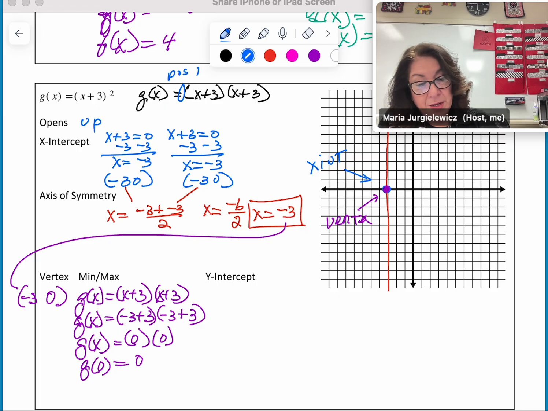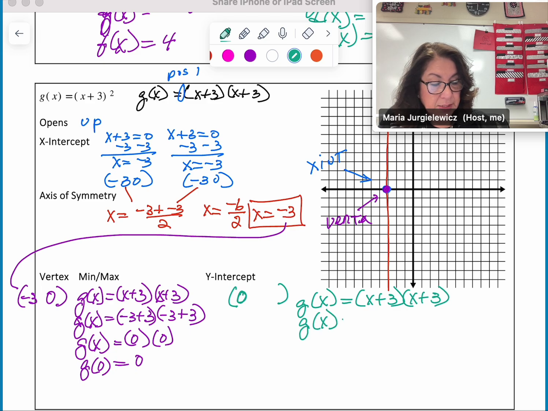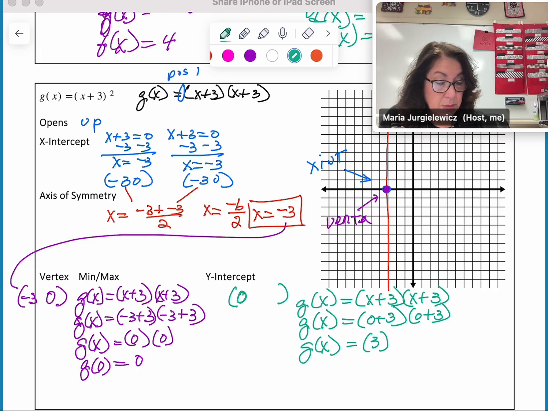Okay? And now the last thing we have to do is to find the y-intercept. Well, the y-intercept is always going to have a 0 for the x value. And once again, we're going to take our equation and plug in a 0 to see what we get. So g of x is equal to (0 plus 3)(0 plus 3). g of x is equal to 3 times 3, which is 9.